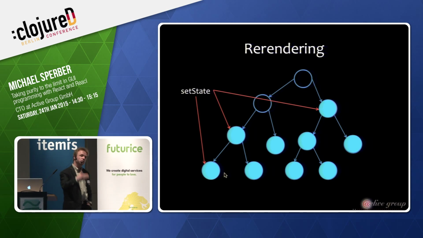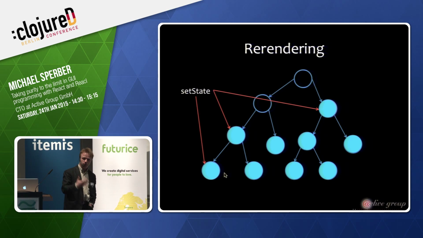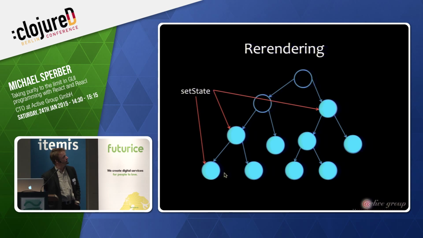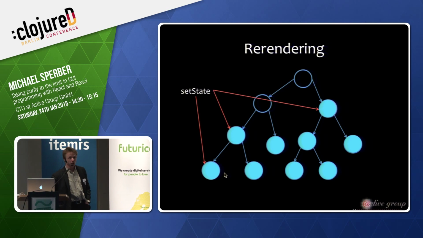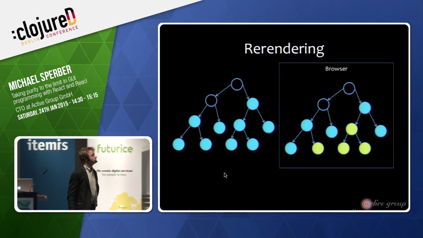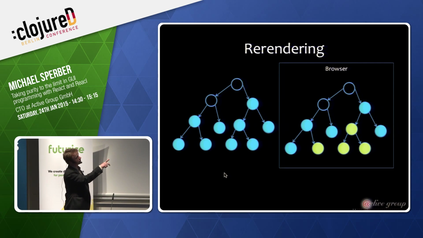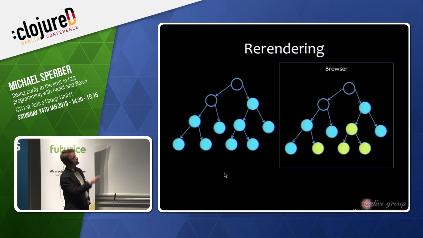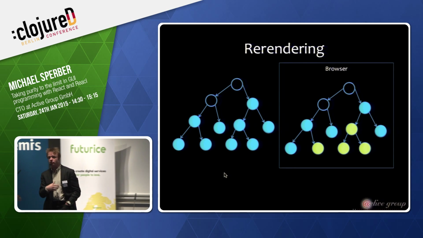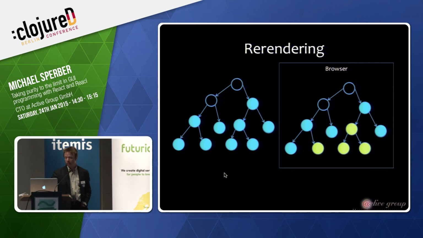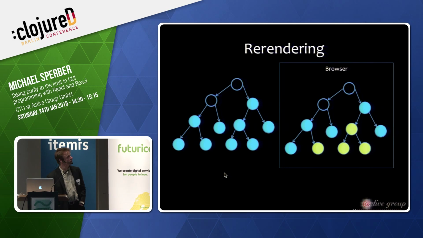But remember, this is all acting on the virtual DOM. So this is just an object sitting somewhere, and it has nothing to do yet with the actual DOM that's being displayed in the browser. And as a final step, React compares the virtual DOM it's generated with the DOM that's actually sitting in the browser, and then mutates the browser DOM so that it corresponds with the virtual DOM of your application.